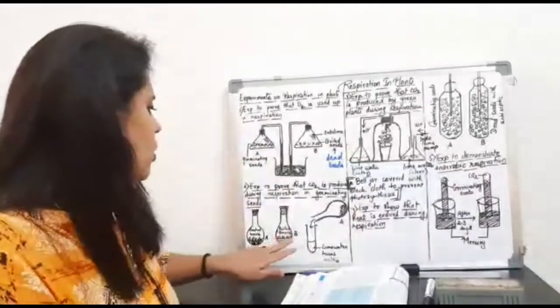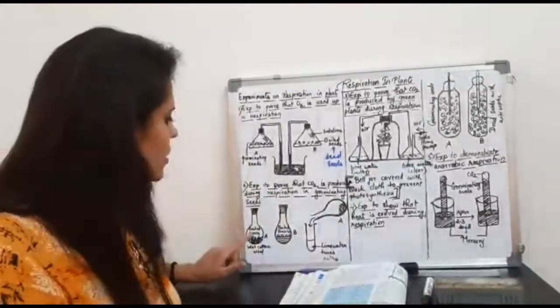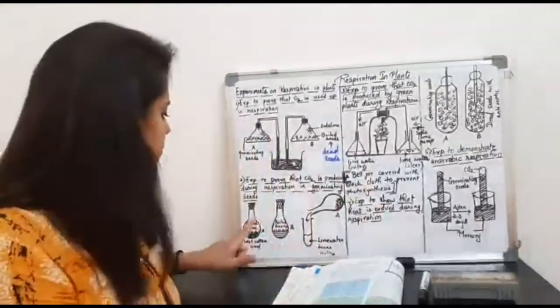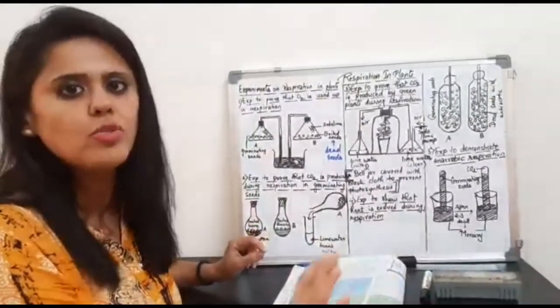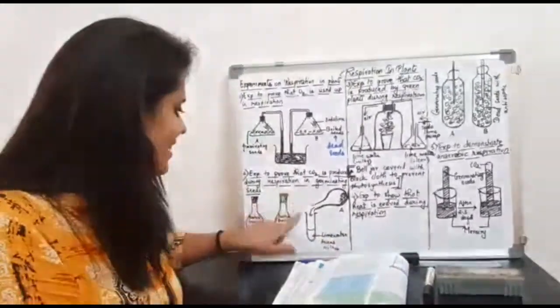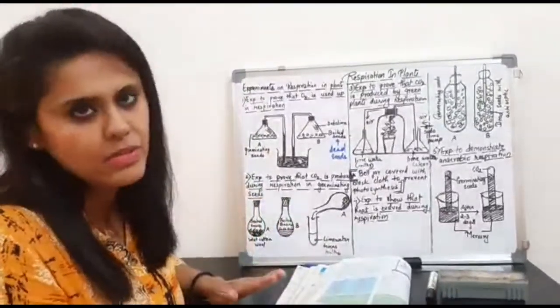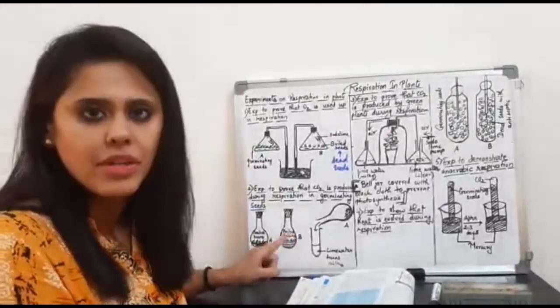Okay, so what you have to do with these conical flasks? You just have to keep them for respiring. Both the beans are to be kept for respiration for 24 hours. Since these are boiled beans, which is equivalent to dead beans, it is obvious they will not be undergoing any kind of respiration.